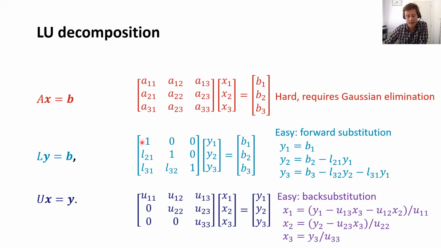We already have here that y1 is equal to b1, and the rest is simply done by substituting the value for y1 into the second equation, and then the values for y1 and y2 into the third equation. This will give us the vector y1, y2, y3, which can then be used as a right-hand side in this upper triangular system, which can be solved through back substitution.